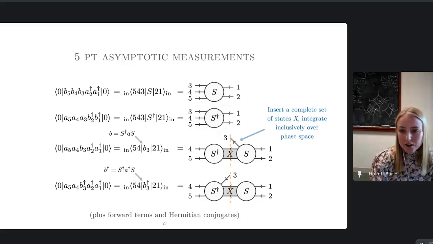Here we've inserted a complete set of states X and integrate inclusively over phase space. So that's what this X blob or X shading means here. But note that we can't collapse the S dagger here by unitarity, because they're not just connected by this X; the S blob also has this outgoing particle 3.